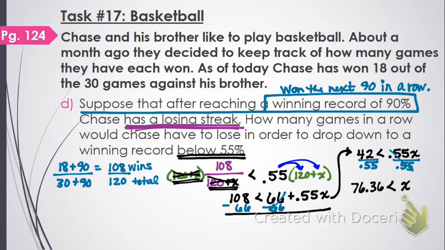Point is we have a decimal here. It didn't come out to a whole number, did it? Alligator eats the bigger thing, right? Which thing is supposed to be bigger? The X. Can you lose 0.36 of a game? So are we talking about 76 games or 77 games?